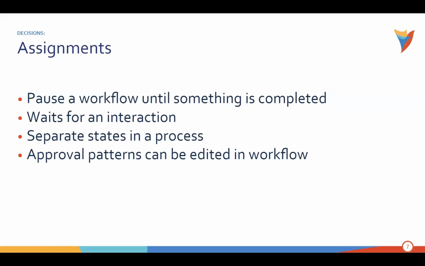Because of all these traits, the primary use for assignments is to help maintain processes that are really long-running and stateful. Using our visual no-code workflow designer, today we're going to go through some of these different approval patterns using assignments, and then show all the ways that users can interact with them.